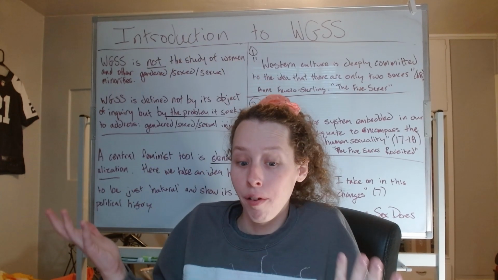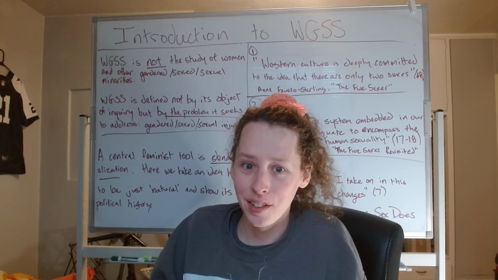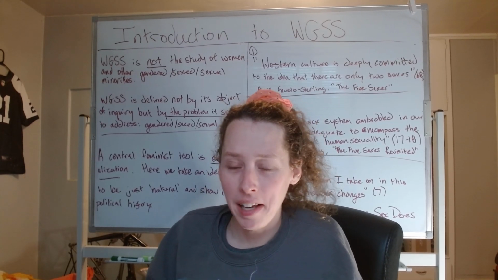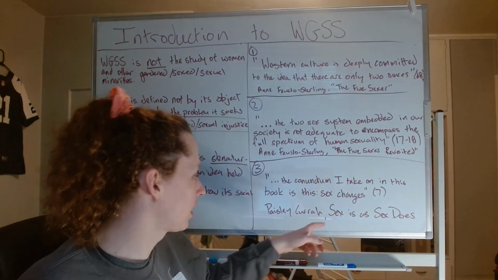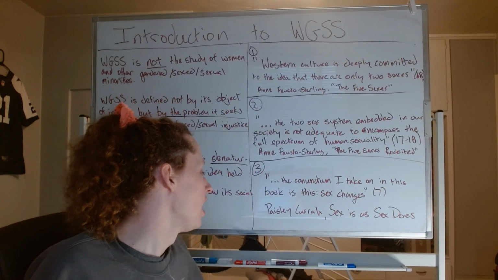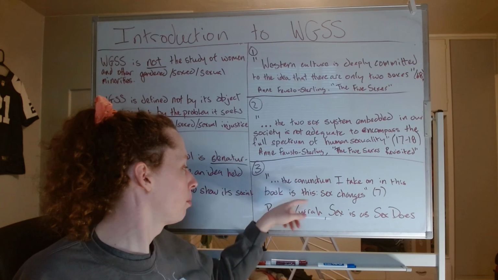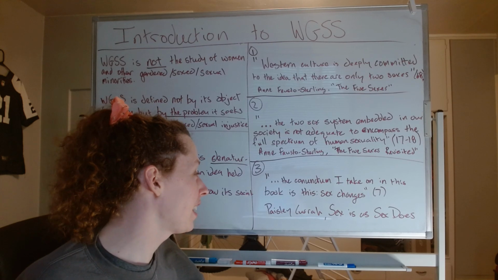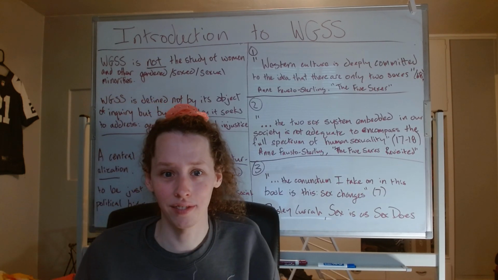And so this is reflected in the Paisley Currah reading that I asked you to do, right? Paisley Currah's book only very recently came out, and it's titled Sex Is as Sex Does. And the quote that I have from him says, "The conundrum that I take on in this book is sex changes."